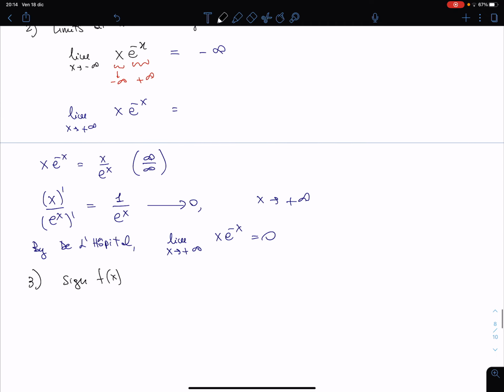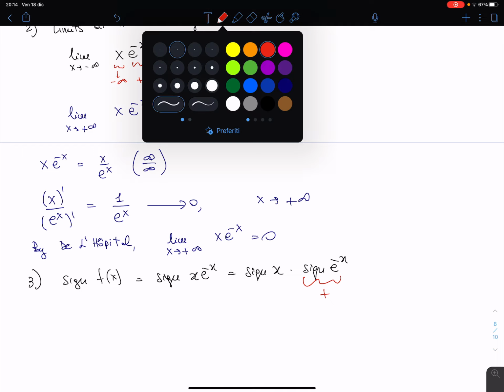So, of course, this is equal to the sign of x e to the minus x, which is equal to the sign of x times the sign of e to the minus x. The exponential is always positive, so this is equal to the sign of x.